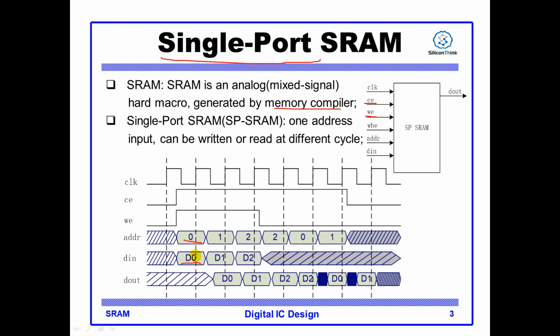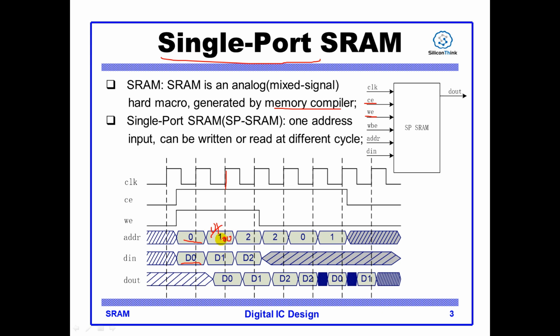This cycle will write D into address 0, and in the next cycle you can continue with a write operation. Keep CE and WE high and give another address and data. Then at this edge D1 will be written to address 1. It's a random access memory, so after address 0, you can change the address to 1000, any address is okay.